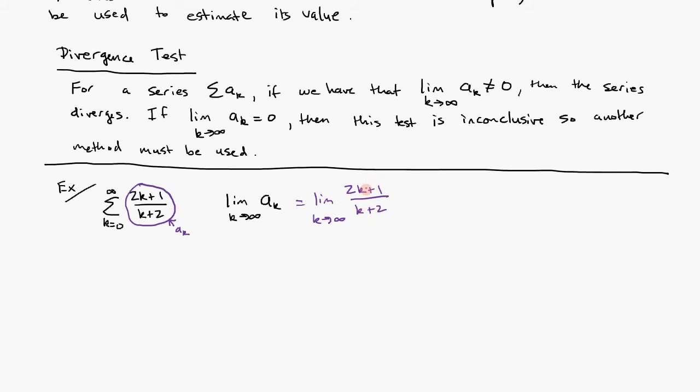Now this limit is infinity over infinity, so you can use L'Hopital's rule or some other method. If you do that, you'll see that this limit is equal to 2, which is not equal to 0. So the divergence test says this series diverges.